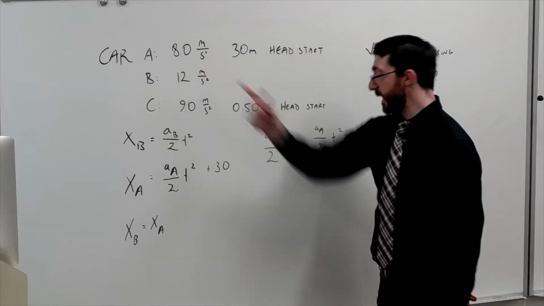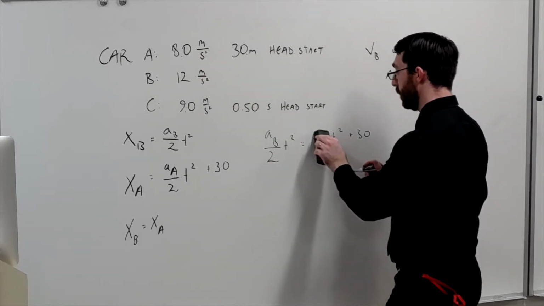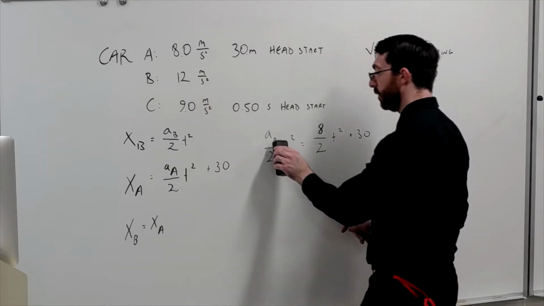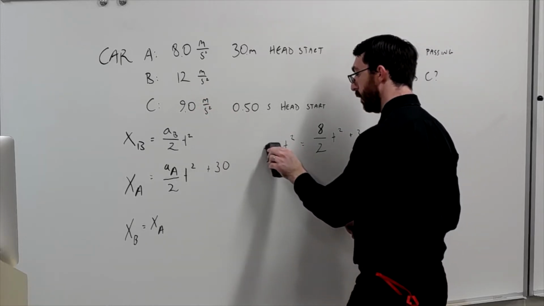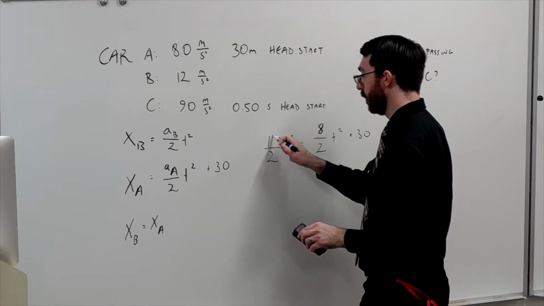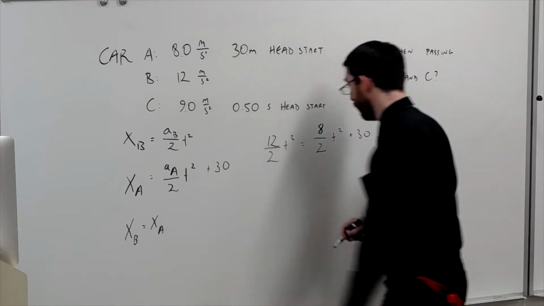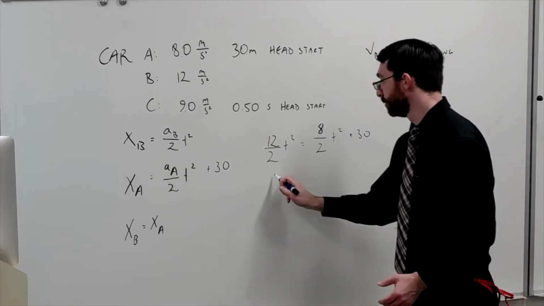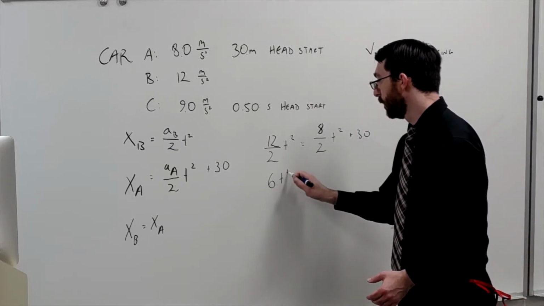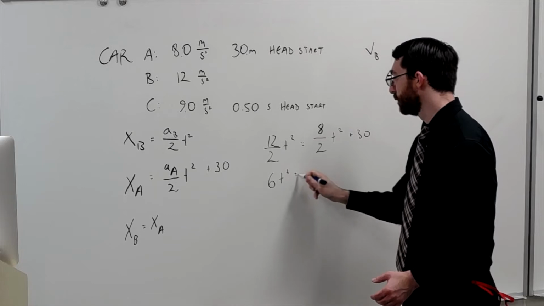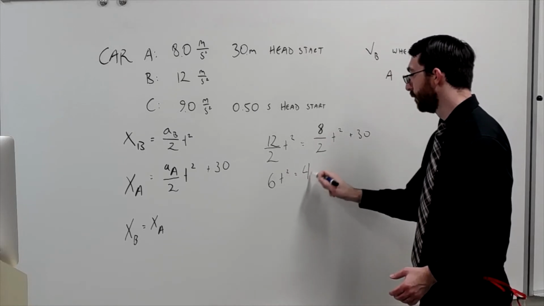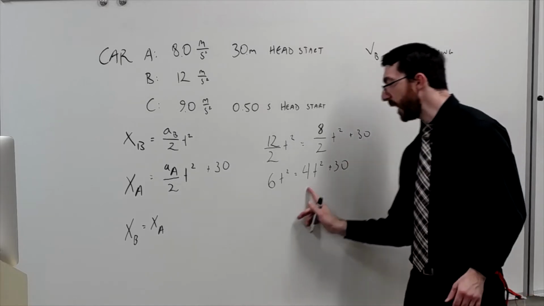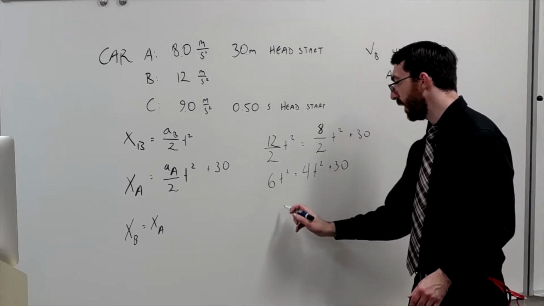Acceleration of car A is 8. Acceleration of car B is 12. Algebra time. This reduces to 6. That reduces to 4. Subtract 4t squared from both sides.